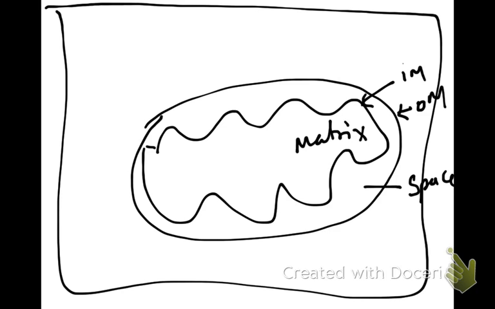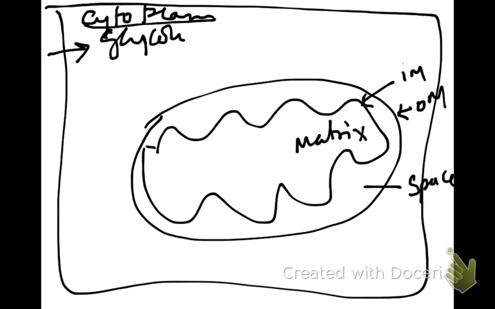Now, glycolysis takes place in the cytoplasm. So the glucose has entered the cell and glycolysis is taking place here. It goes through a process of 10 steps, and at the end of it, I get 2 pyruvate molecules.